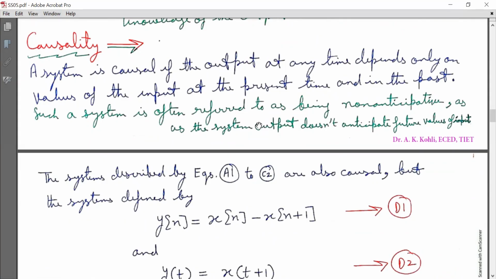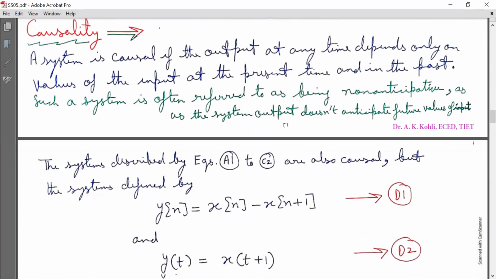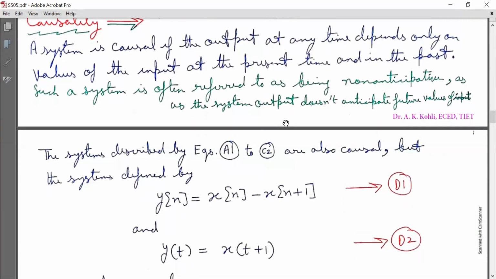Such a system is often referred to as being non-anticipative, as the system output doesn't anticipate future values of input. So in the causal system, the input at the present time and in the past are considered. No future value of input is present.